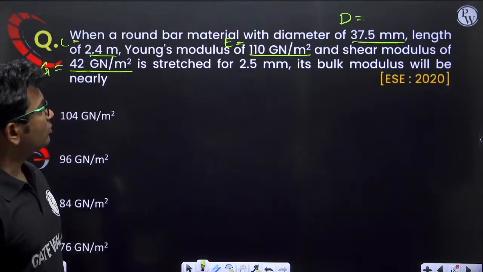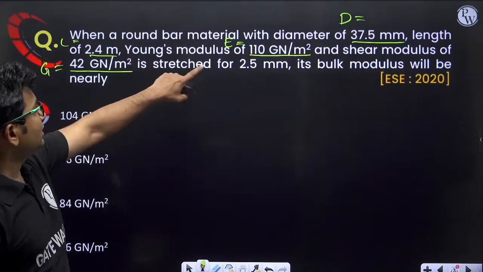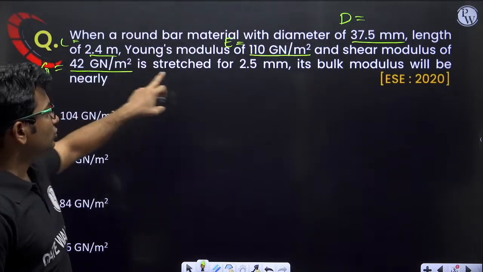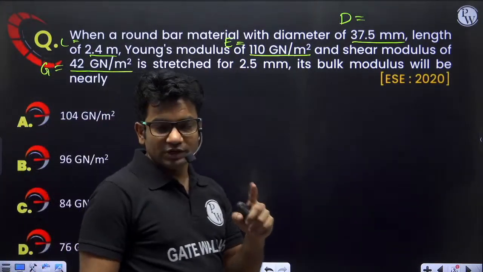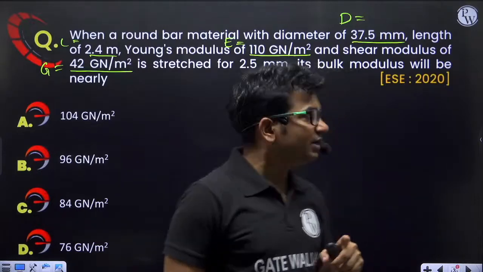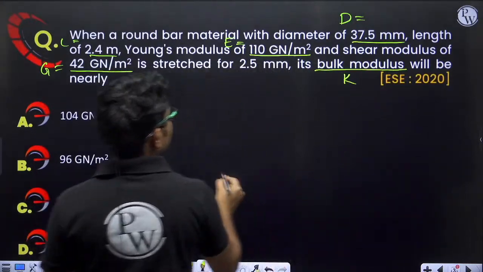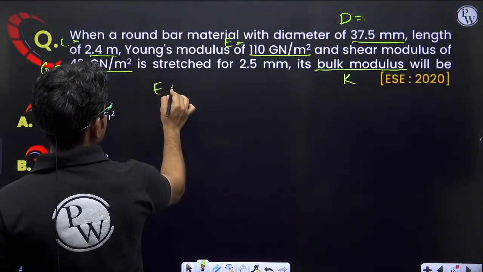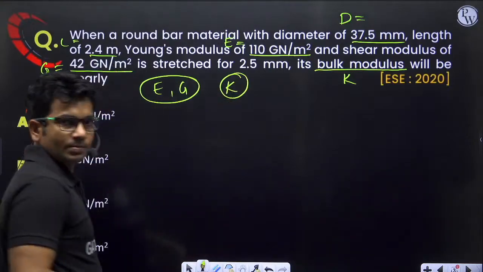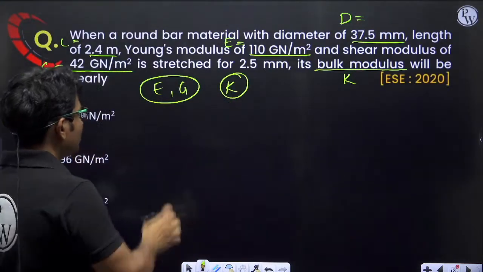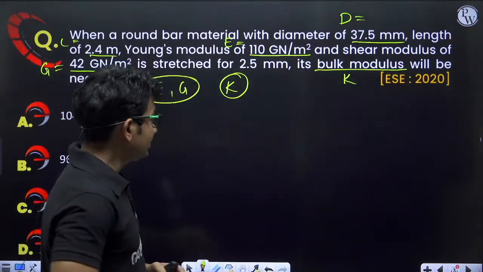Now in order to calculate bulk modulus, what do we need? E is given, G is given, so these two elastic constants are given. From these two, can we find the third elastic constant, bulk modulus K? Yes, we can. All the other information given is additional information that we don't need.